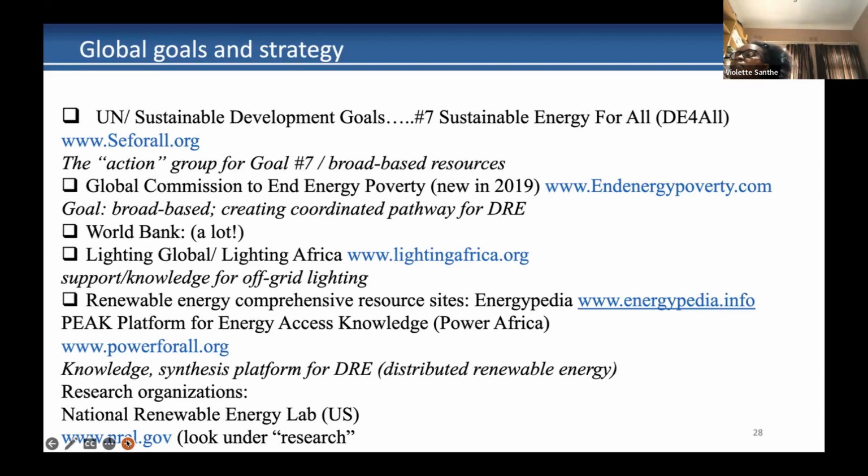You can have research papers on Energypedia there, which can help you identify the area you want to focus on. And then we have PEAK, the Platform for Energy Access Knowledge. Then we have research organizations, the National Renewable Energy Lab, and then Strathclyde University.